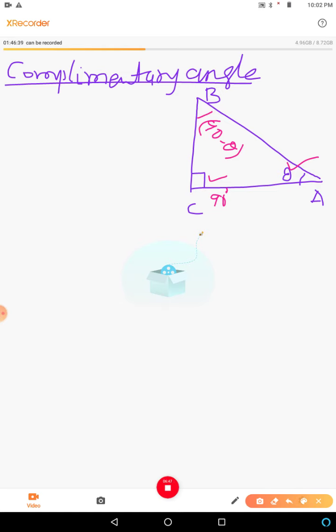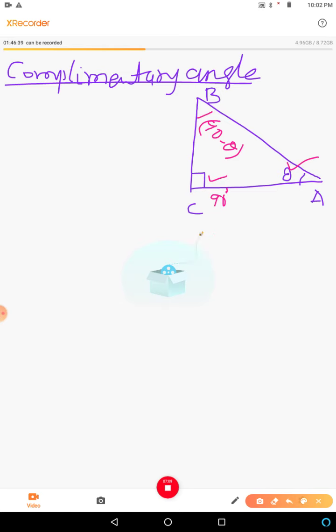Adding 90 minus theta plus theta plus 90, the theta cancels and the total is 180. Therefore the angle subtended at vertex B will be 90 minus theta. So this 90 minus theta is called the complementary angle.